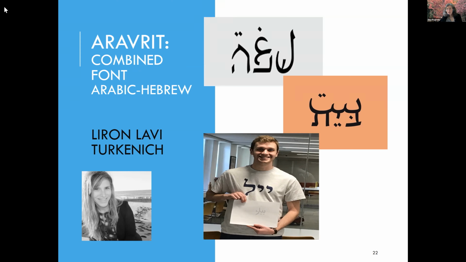Liron read about research showing that when Arabic speakers read their language, they can be introduced only to the upper part of the word in order to be able to recognize it. When you introduce Hebrew speakers to Hebrew, they just need the lower part of the word in order to be able to recognize it.